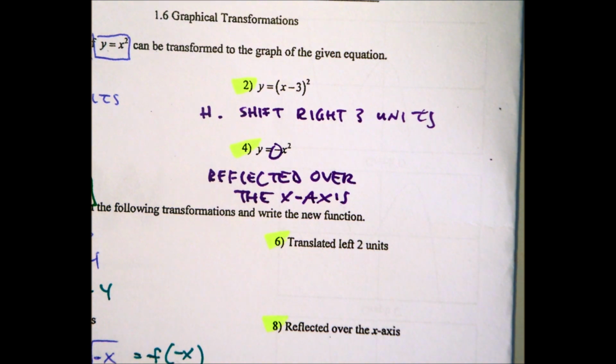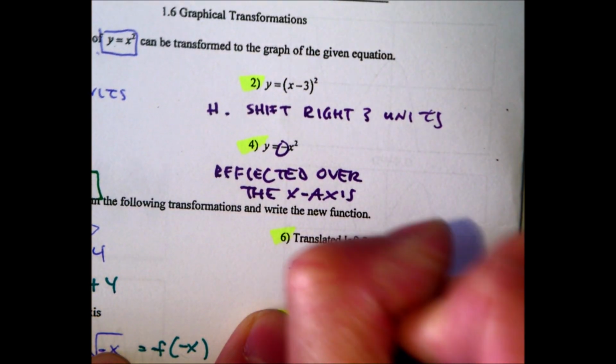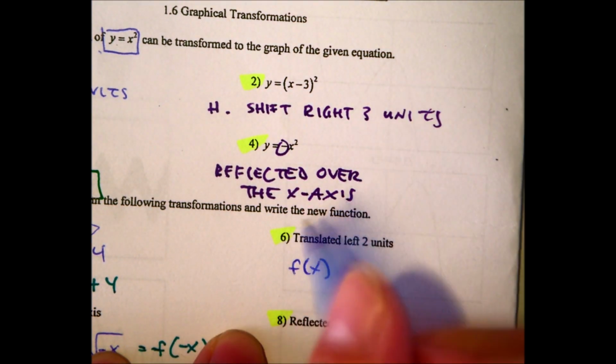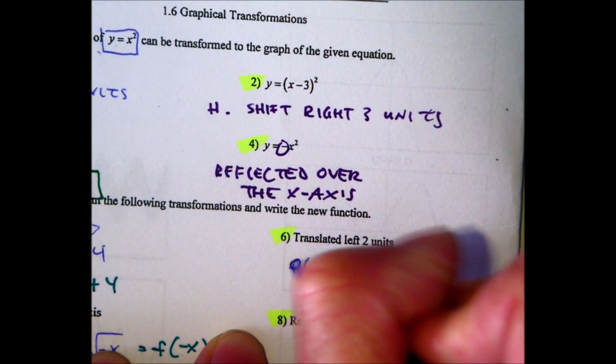Number 6. Vanessa. F of x equals... I think I know where you're going. You gotta change the function name.